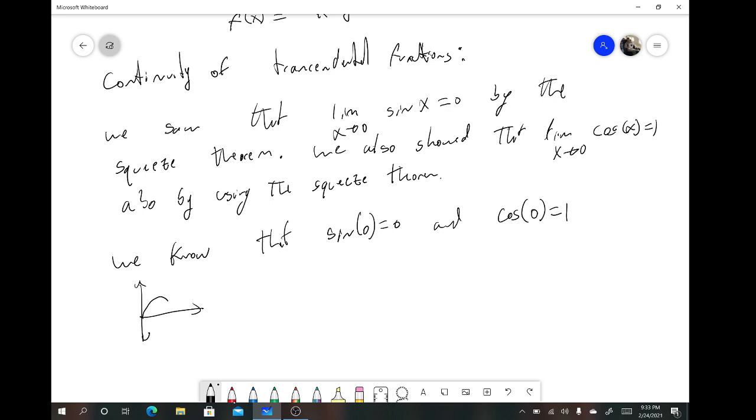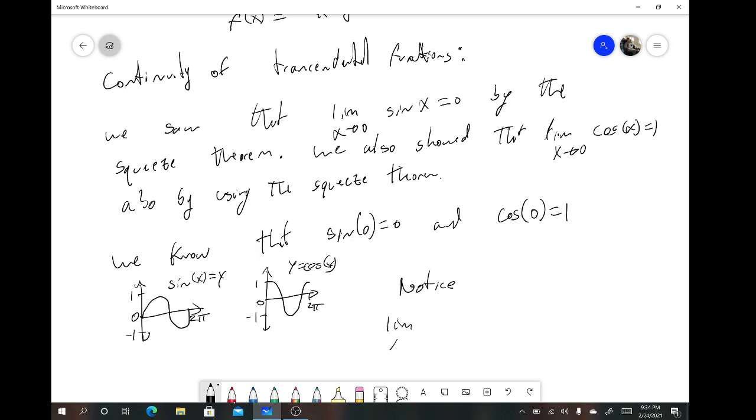So the sine wave looks like this. It is 0 at 0, so 2 pi, and so this is sine x. And the cosine wave begins at 1, goes on to minus 1, and also ends at 2 pi. So this will be y equals cosine of x.